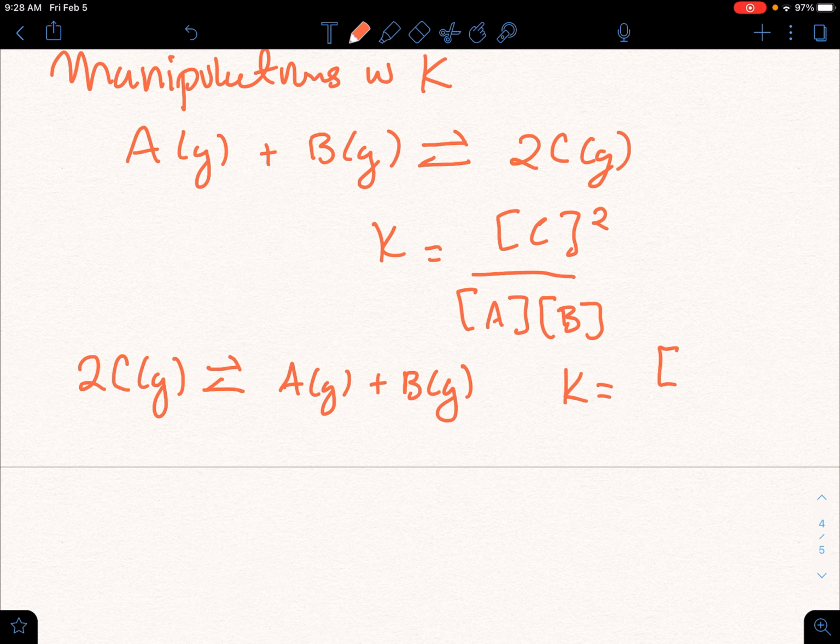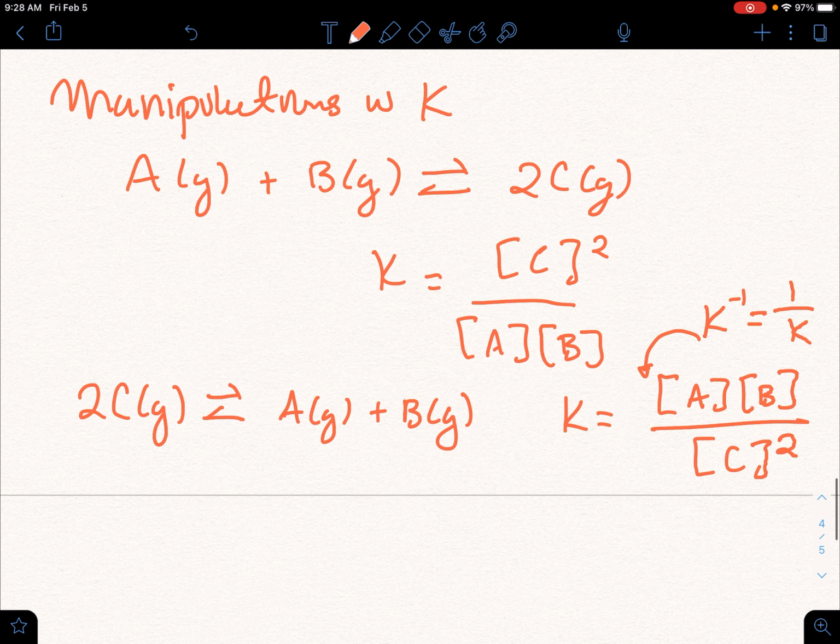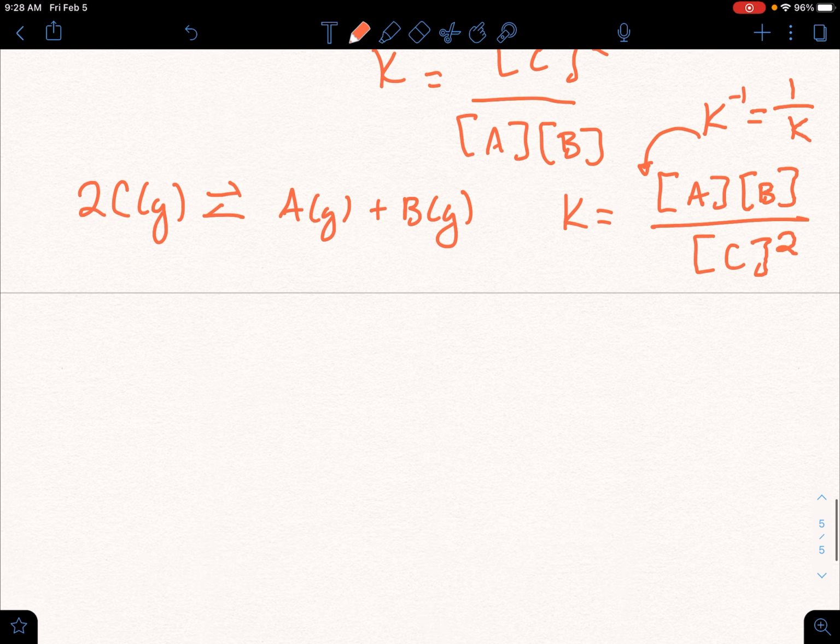So we can write it as A times B over C squared. So that's something cool you can do. The K value for the reverse reaction is just going to be K to the negative 1, or 1 over K, because we're just reversing it.